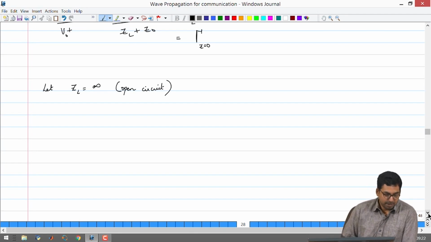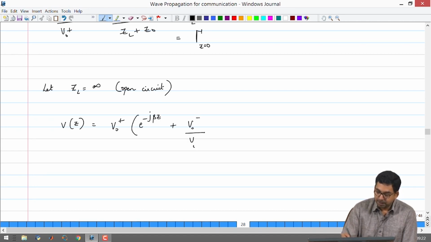Okay. When ZL is equal to infinity, V of Z is going to be V naught plus e to the minus j beta z plus V naught minus divided by V naught plus e to the plus j beta z.